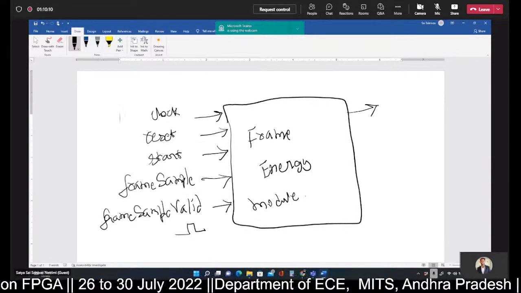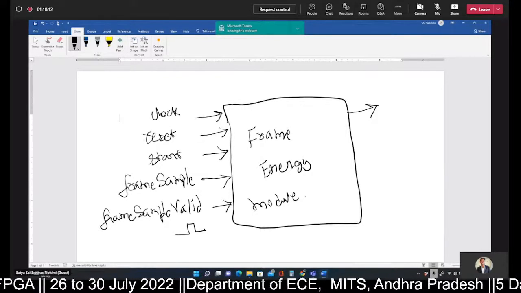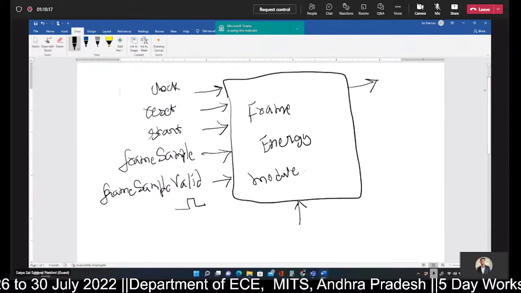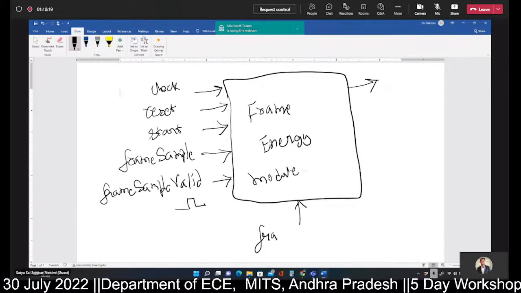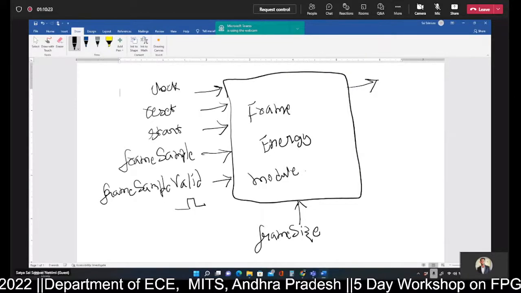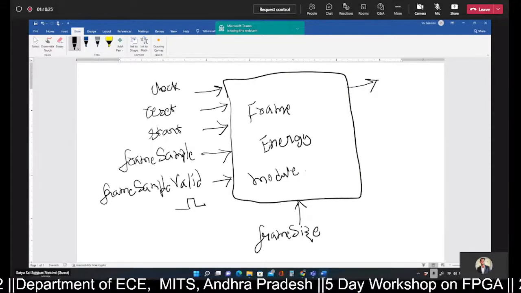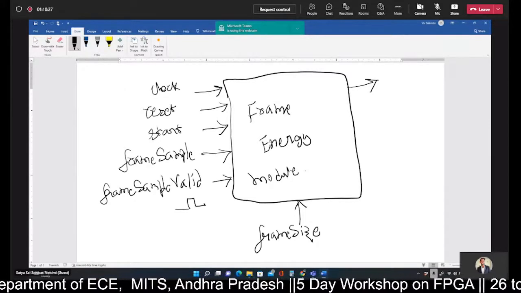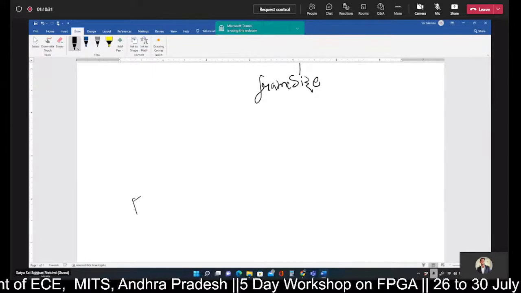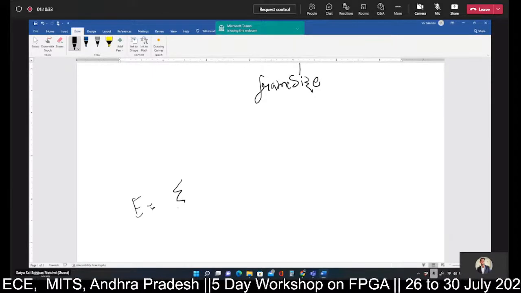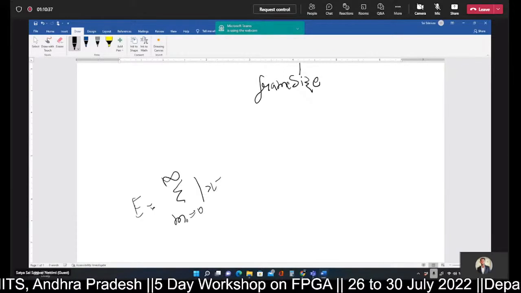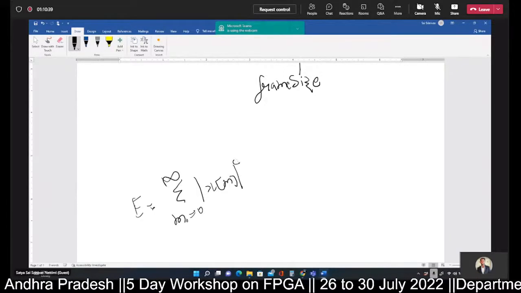To this module, we also have to define what our frame size is, so how many samples it needs for the summation. We know the frame energy equation, that is summation m equal to 0 to infinity of |x(m)| whole square.